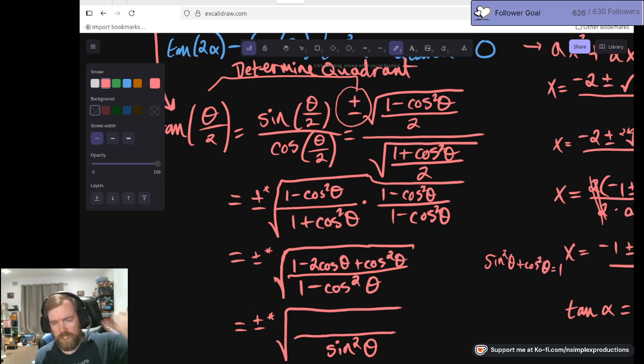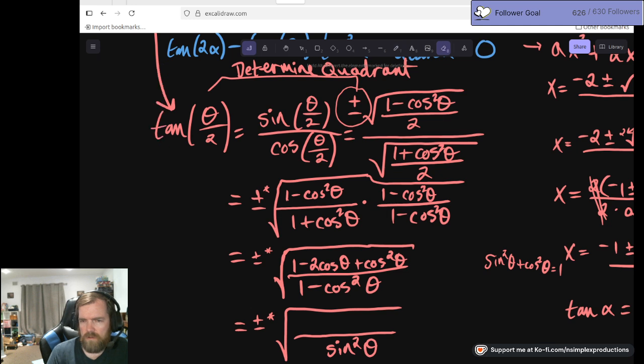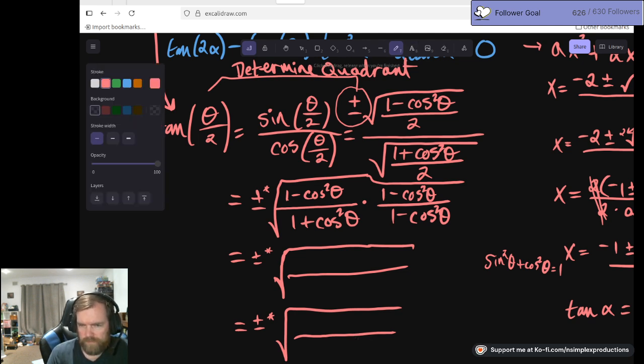Alright, get the conjugate of the denominator so that we can get this. So that's going to be 1 minus cosine squared theta, parentheses squared, is going to be sine squared of theta, parentheses squared.